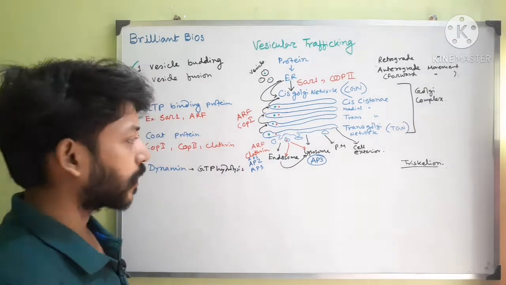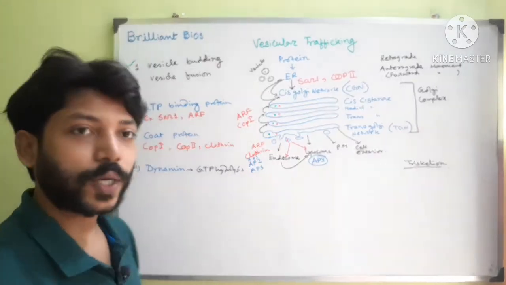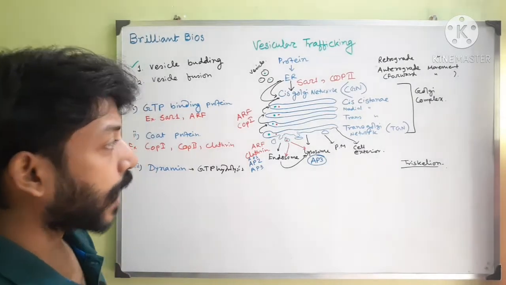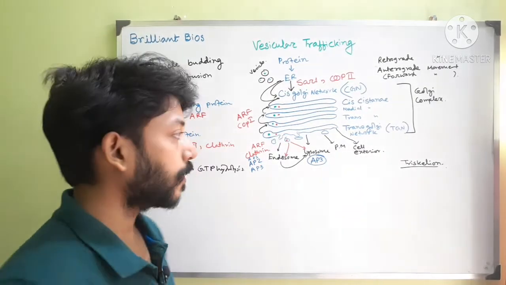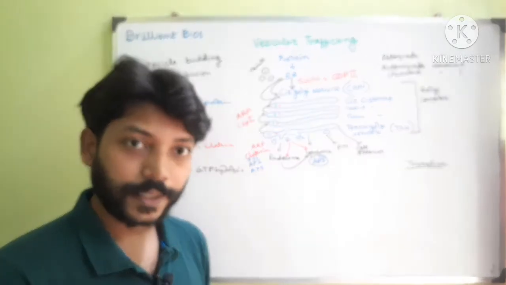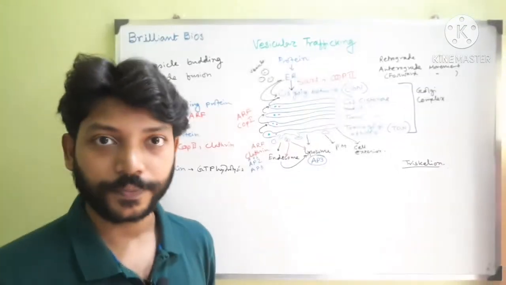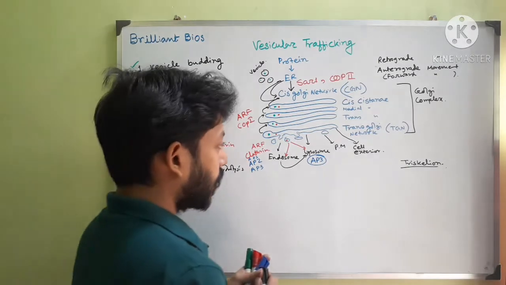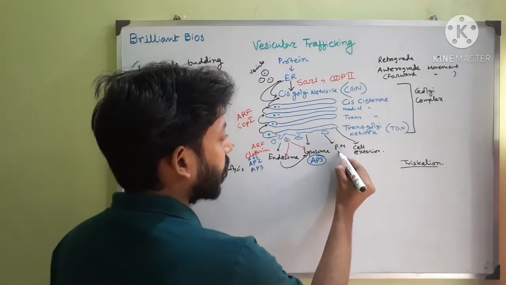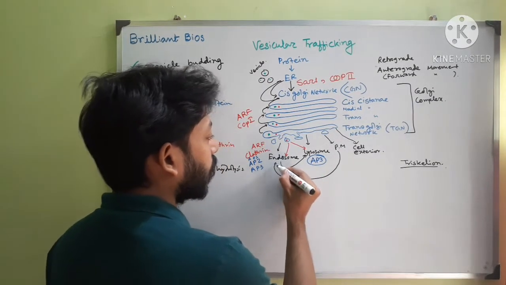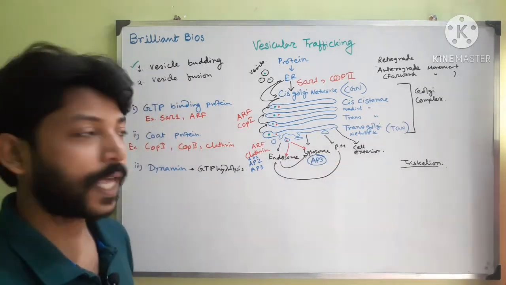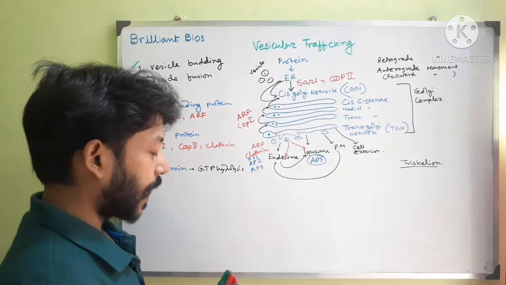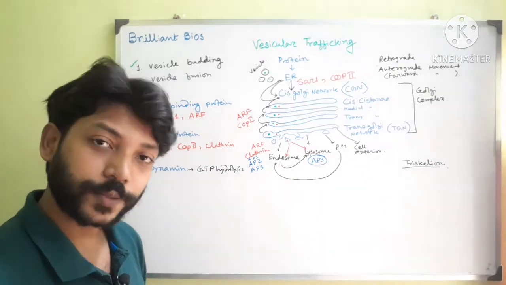In that way, clathrin and AP1 protein are important. Now if some cells perform endocytosis from the plasma membrane, the protein can enter at first inside the endosome, then the endosome fuses with the lysosome, and in this process from the plasma membrane to the endosome, clathrin is also responsible.